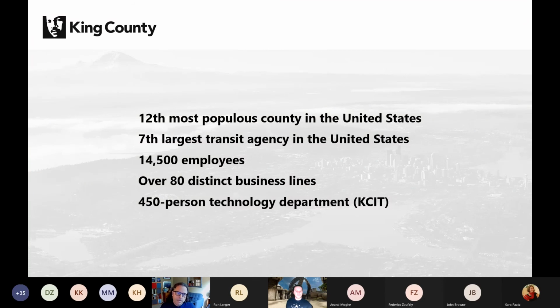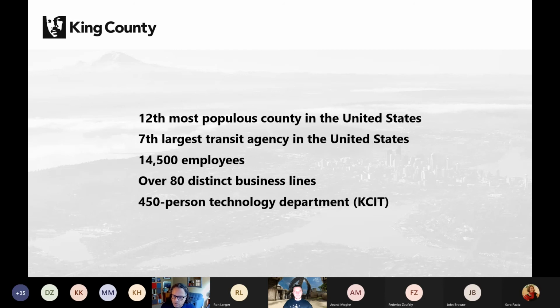King County, I'm plus or minus here on these numbers, pending the results of the latest census, but we're somewhere in the neighborhood of the 12th largest county in the United States based on population. King County also operates one of the largest, the 7th largest transit agency in the US.